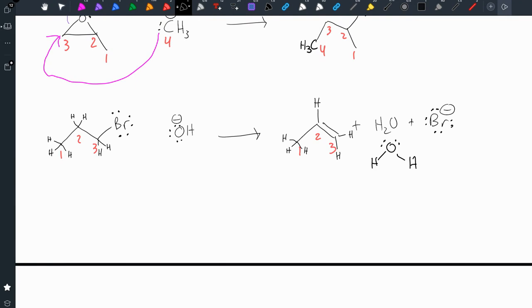By drawing them in explicitly, I now am able to see which bond I need to break. I need to remove a hydrogen from carbon 2. So I need to break carbon 2 to hydrogen bond. I'm also breaking the carbon 3 to bromine bond.